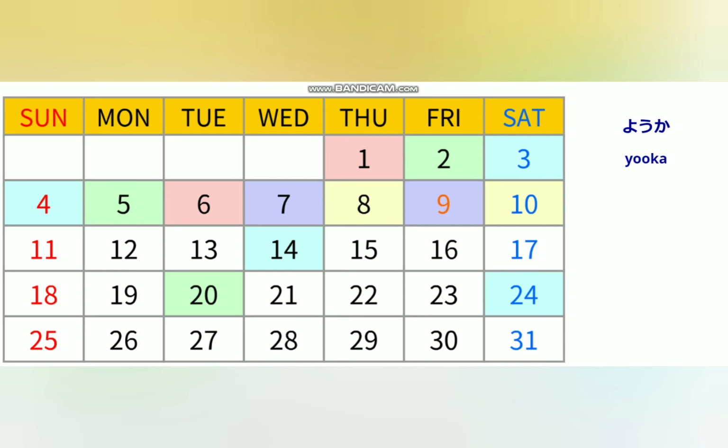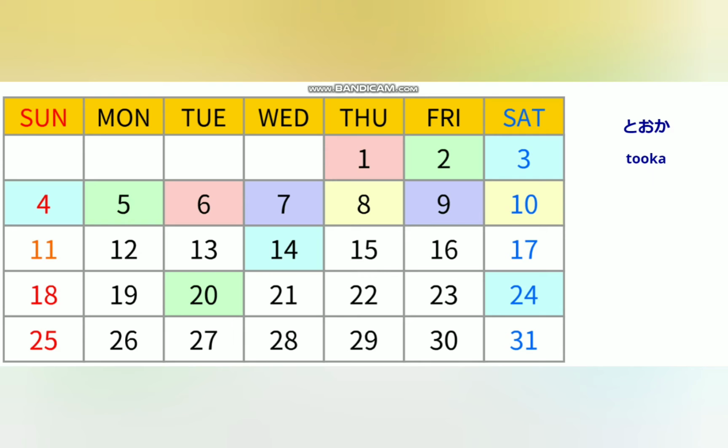All right? Now, the 9th day of the month, 9日, kokonoka. Again, kokonoka for the 9th day of the month. Now, for the 10th day of the month, 10日, tooka. Again, tooka for the 10th day of the month. So those are the first 10 irregulars, all right? 1 to 10 are irregular.